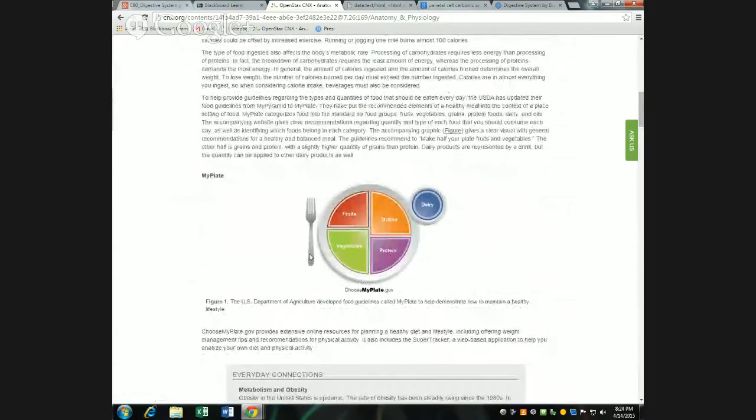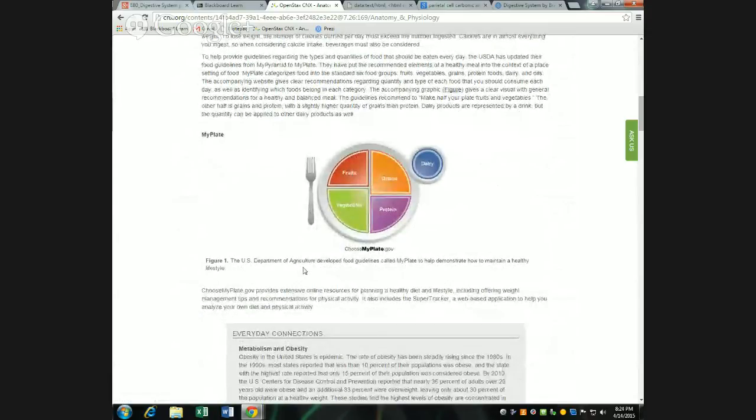This is a fairly recent representation of our nutritional needs. You might be familiar with the food pyramid, but it's got to be about 5 years ago now. The First Lady was part of an attempt to update the nutrition and dietary information that we share. And part of what went into that is representing it as a plate.